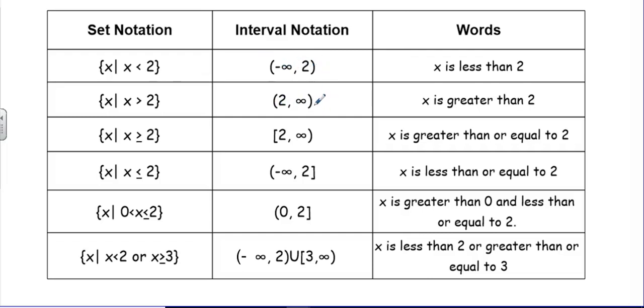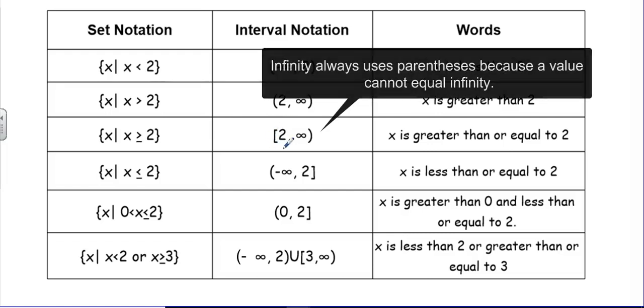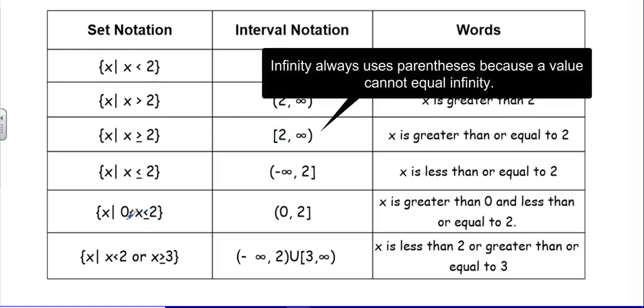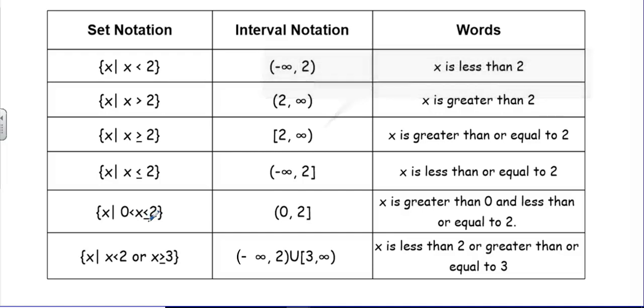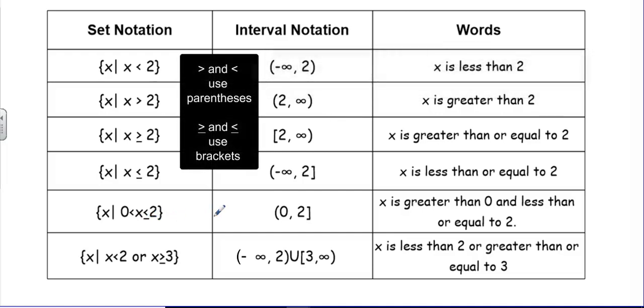And greater than 2, so any numbers between 2 and on into infinity. And then here we have the equal to signs, so that's where we're going to have our brackets. Here we have that x has to be less than 0 and greater than or equal to 2. So less than 0, here we have the parenthesis because of the less than symbol with the 0. And then since it can equal to, we use the bracket.